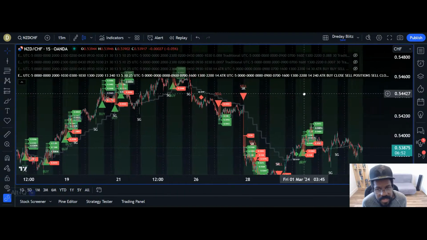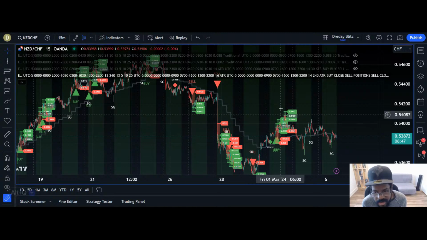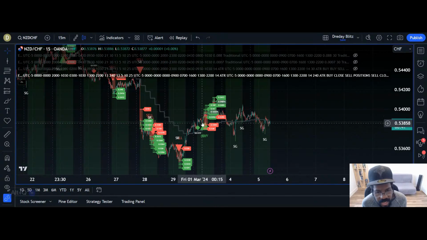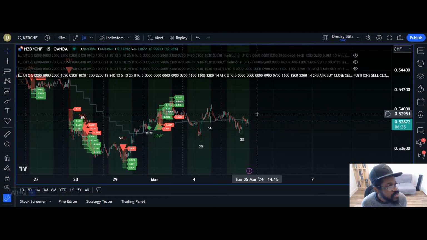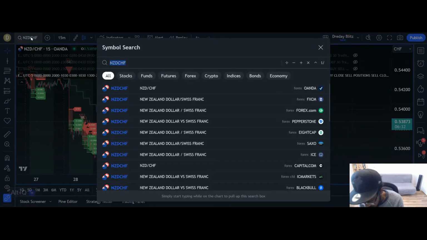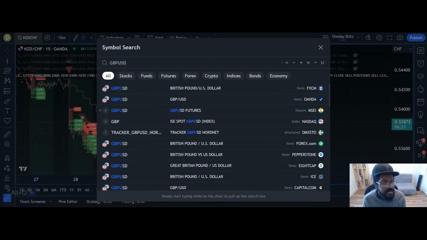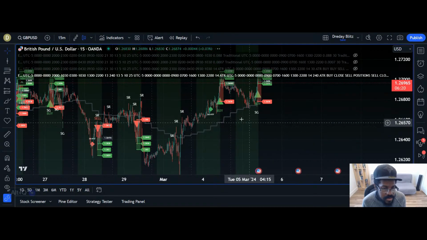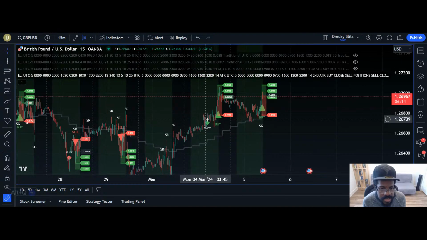Then we have GBPUSD. We were bearish here last week, then currently bullish, but I'm waiting to see exactly what's going to happen here. Yeah, we were bullish here on GU since Monday.